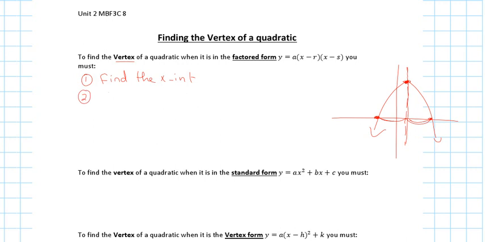the axis of symmetry. And where did we say the axis of symmetry is located? In the middle between the two zeros. So to find the middle, you have to add the two zeros and divide by 2.